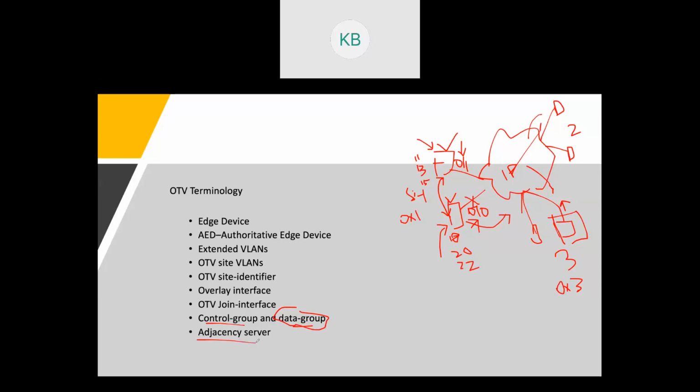Now, when you define the adjacency server, it basically makes it look like a DMVPN tunnel, where you talk to that server to know who all the other tunneling points are, because everyone is going to reach out to this guy. So this guy, who is the adjacency server, knows who all the tunneling points are.